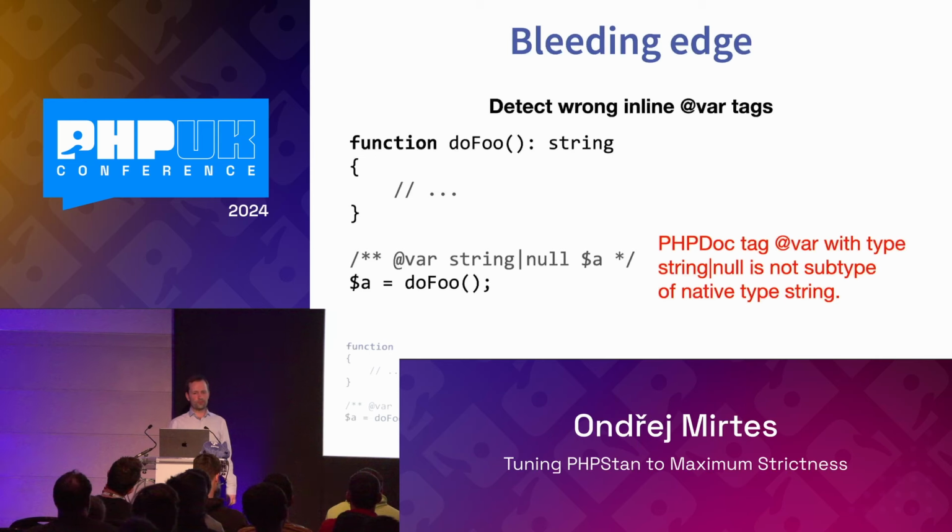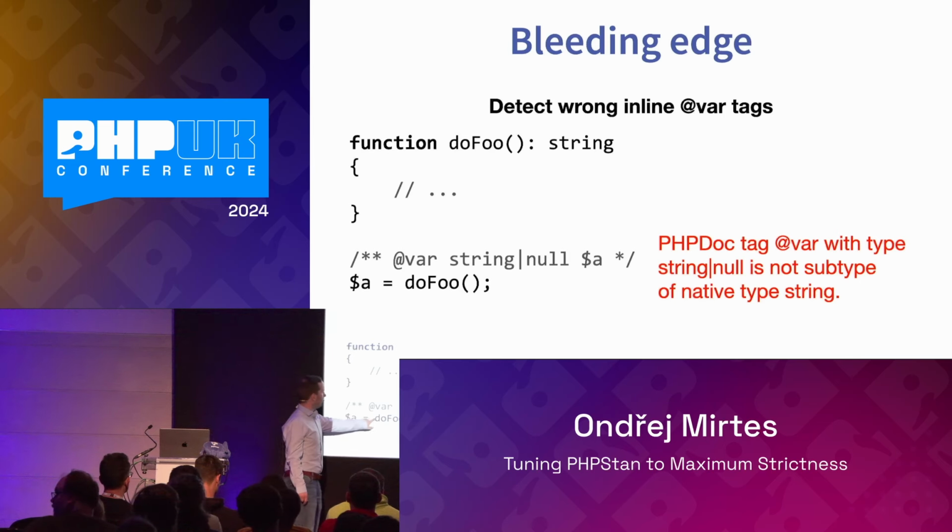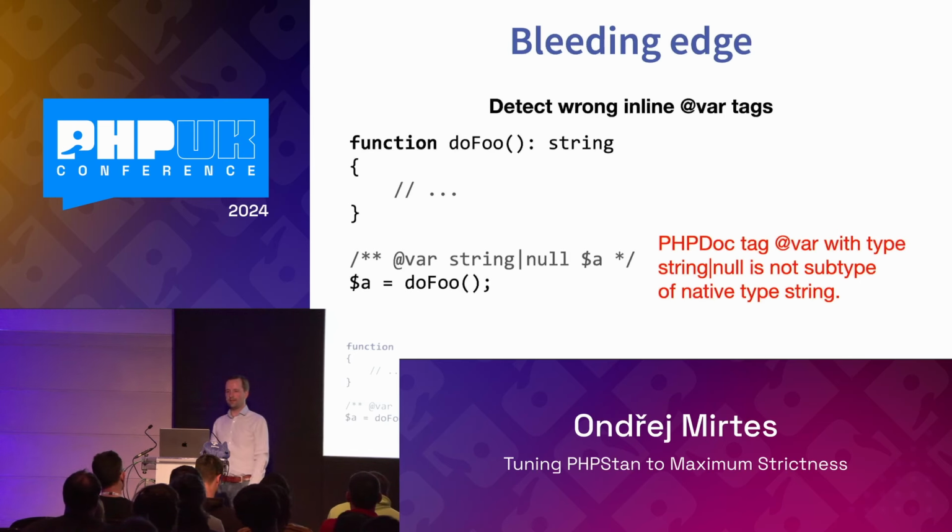And there are multiple use cases, like narrowing the return type. If we know that the thing on the right side of the assignment is wrong out of the box, we can fix it with @var. If some library that you're using doesn't use static analysis and their type hints are wrong, their PHPDocs are wrong, you can also fix it with @var. You can use it to tell the IDE what's in the variable.